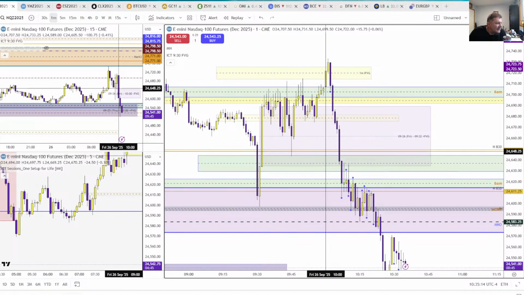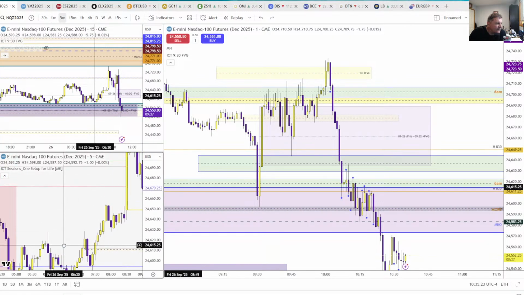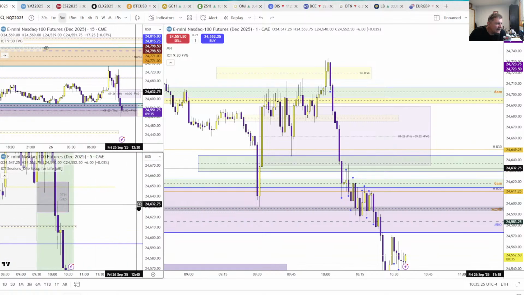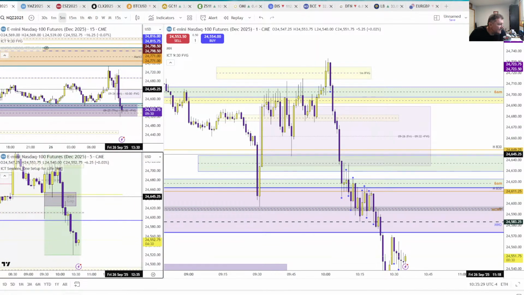Okay, right here. That level right there. Why is this level so important? Why is 650 an important level?